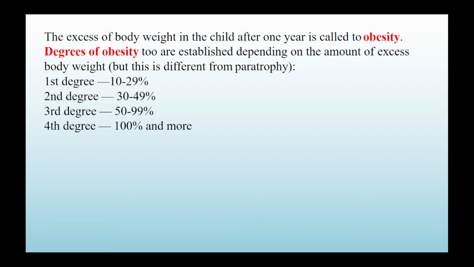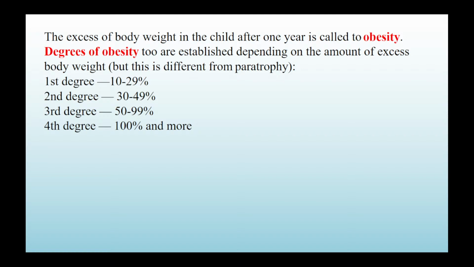The excess of body weight in a child after 1 year old is called obesity. Degrees of obesity are also established depending on the amount of excess body weight, which differs from paratrophy.